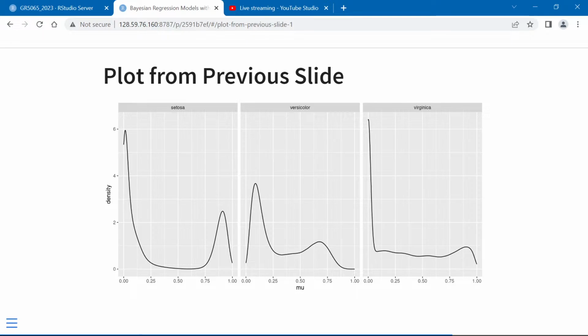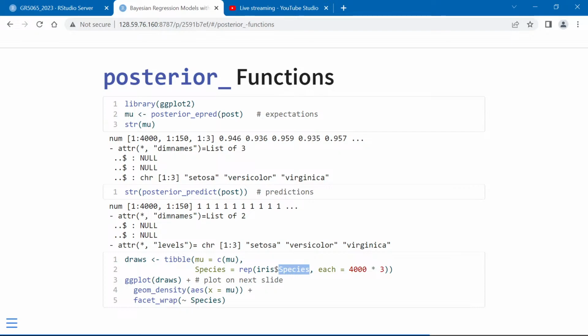Question about plants? Yeah. Sorry, what is the mu in the x-axis here? So that is the probability of a plant being each of these three species. If you look in the mu, those are going to add up to 1 for every combination of the first two, of the rows and the columns.